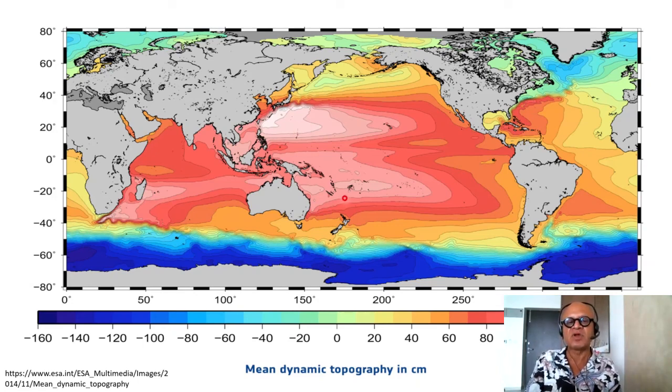Similarly in the subtropical gyre here. Of course in the subpolar gyre you get Ekman suction, so the dynamic height is low, negative here with respect to the mean sea level.